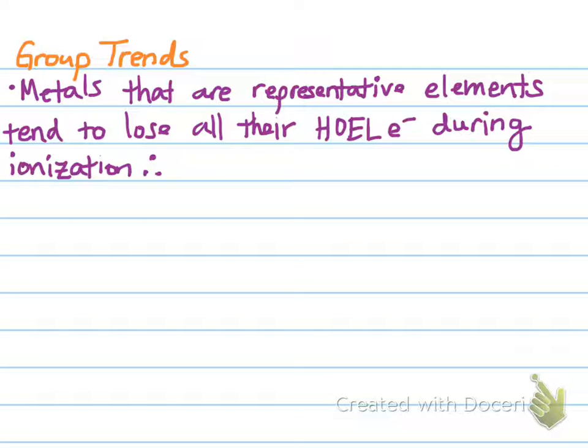Therefore, and we're going to look at this with a Bohr diagram in just a minute, the ion has one fewer occupied energy level.